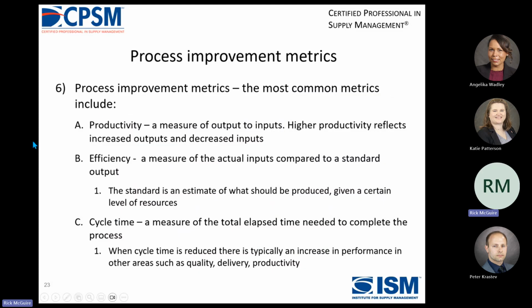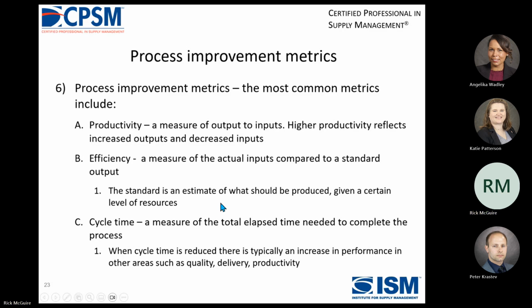The most common metrics include things like productivity, which is a measure of output to inputs. Higher productivity reflects increased output and decreased inputs. Usually this has to do with labor. So you get more parts with fewer people. Efficiency is a measure of actual inputs compared to a standard output.